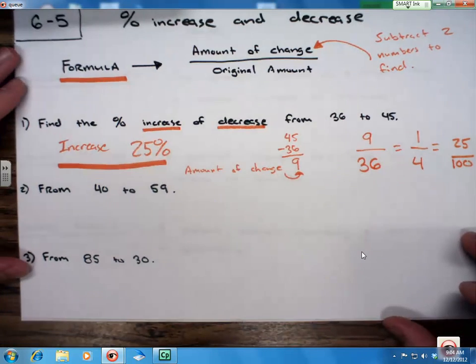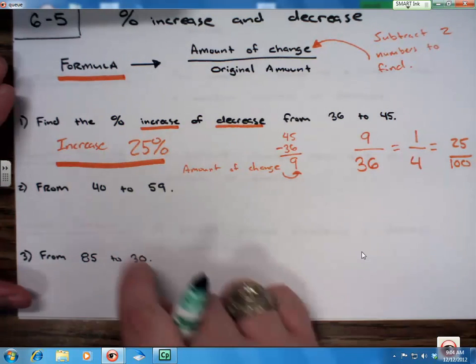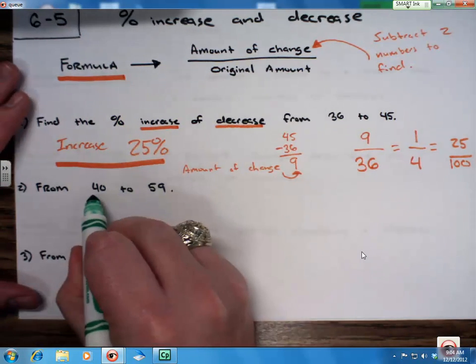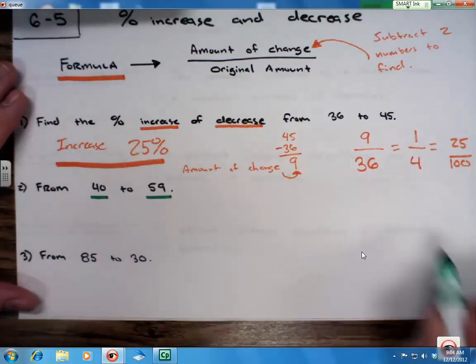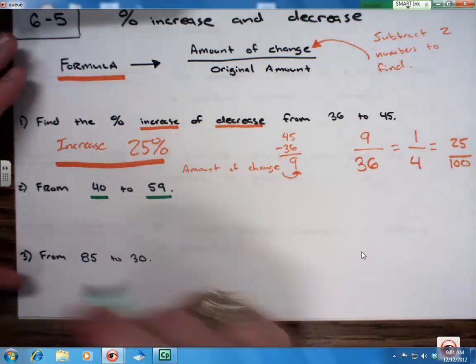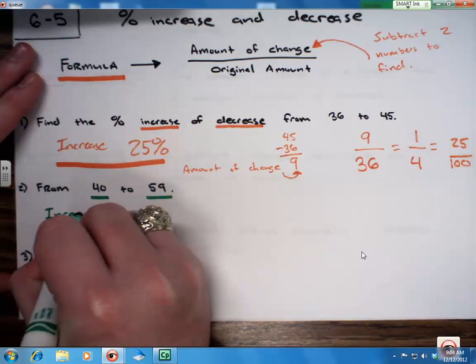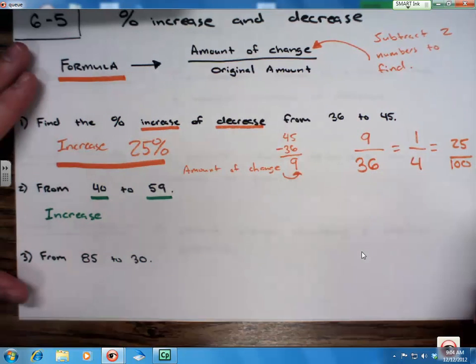On this one, we want to know our percent increase from 40 to 59. Again, the first thing I need to identify is if I'm increasing or decreasing from 40 to 59. Yeah, because I'm getting larger, from 40 to 59 is getting bigger, so therefore it's going to be an increase. Okay, so let's find our amount of change.